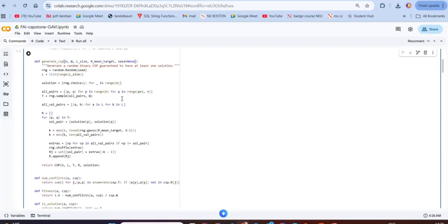And third, for each constraint, it draws a set size near R mean and populates the allowed pairs. Crucially, the hidden solution's induced pair is always included. So every generated CSP is guaranteed satisfiable. This is important because otherwise success rates would be polluted by instances with no solutions at all.